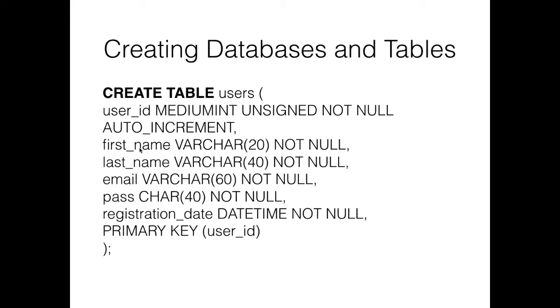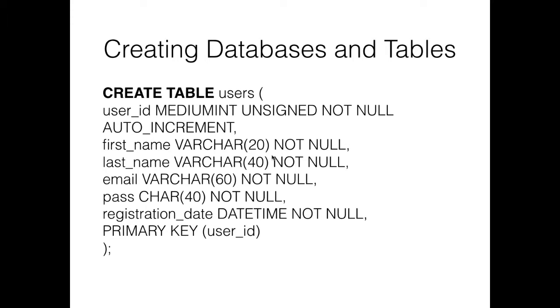And then we have a first name column, which has variable characters up to 20. And again, that's not allowed to be null. Last name, varchar 40 characters, again not null. And when we say not null, we're not going to allow a user to enter data using a SQL insert command that doesn't have the proper fields that we're expecting. So the database engine is going to reject the insertion of data if these fields are null.